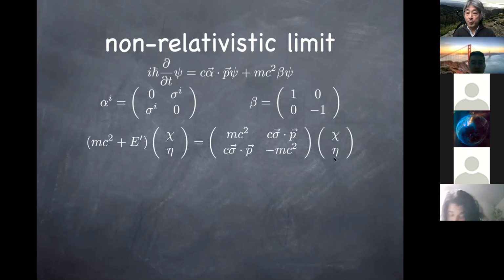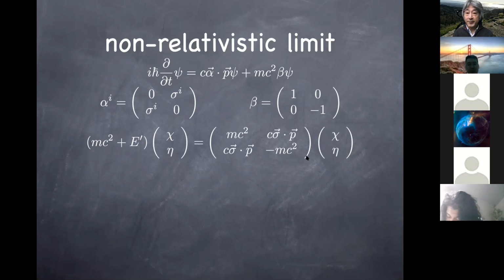So this is the way you can write it out. The left-hand side of the equation, of course, gives you the energy, which is the total energy of a relativistic particle. So the energy has to be a sum of the rest energy mc squared plus a small correction to it, which is supposed to be the non-relativistic kinetic energy. So that's the left-hand side of the equation.